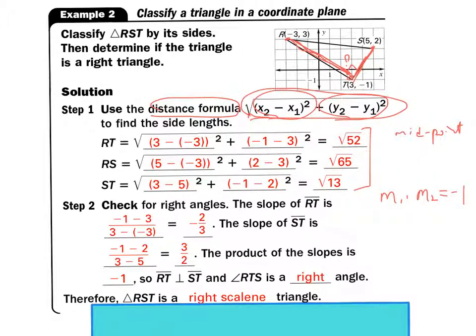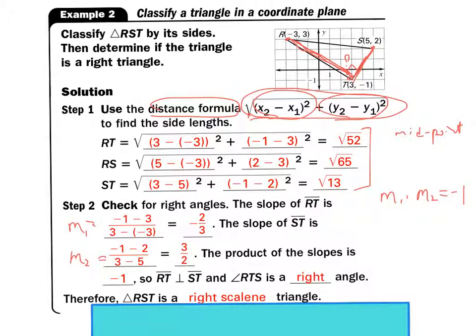And that's why they were doing y2 minus y1 over x2 minus x1 to calculate the slope for RT. And with the same formula, they're calculating the slope for ST. That's m1, and this one is m2. The slope for ST is 3/2.